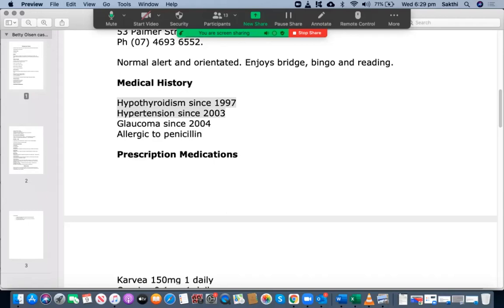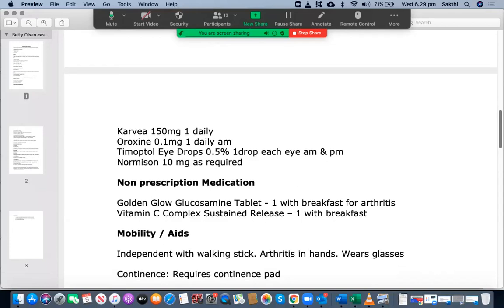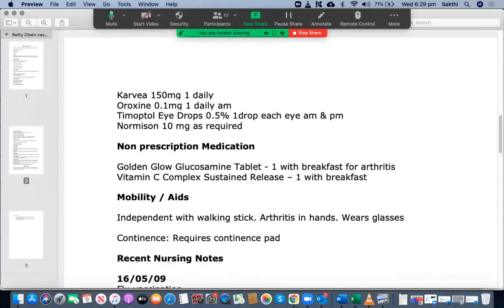Hypertension since 2003, allergic to penicillin, prescription medications. These are the prescription ones. You need to mention that as well, because when you write a letter to a doctor, you need to include the medications, non-prescription medications. Clovia tablets with the breakfast for arthritis. Vitamin C complex. That's okay. Good.